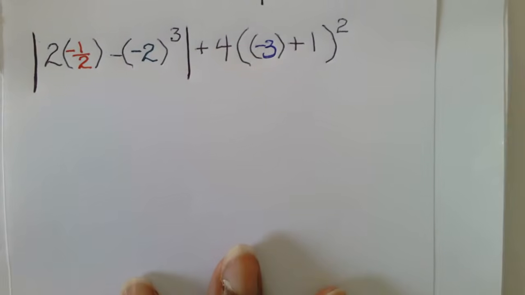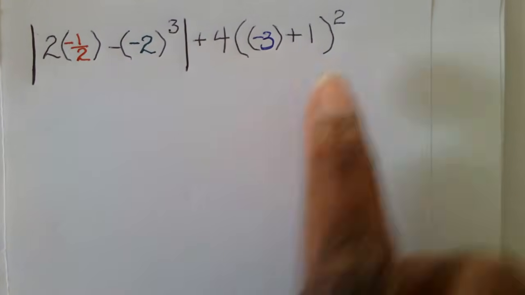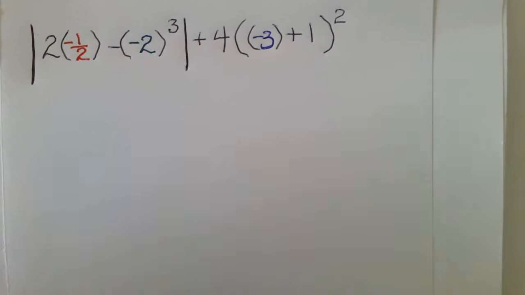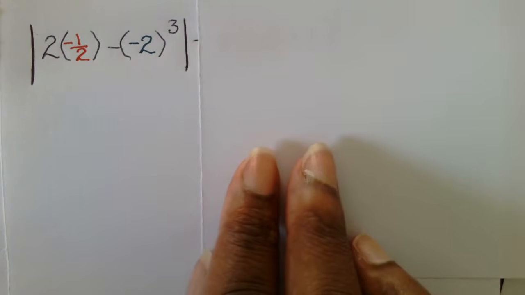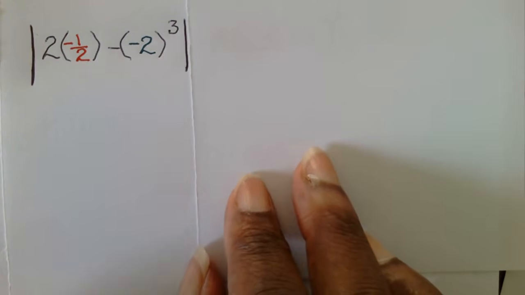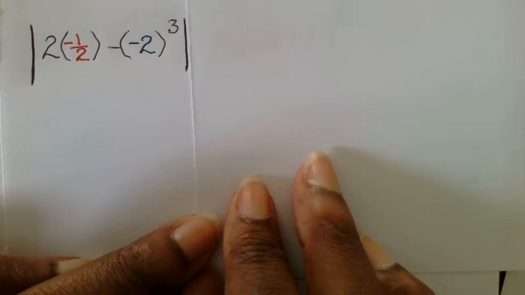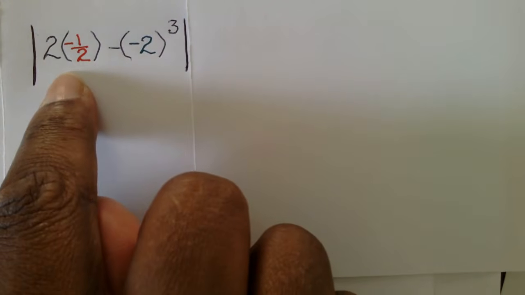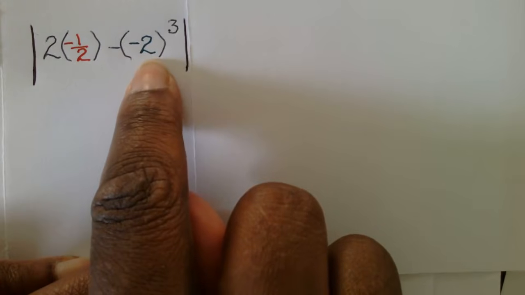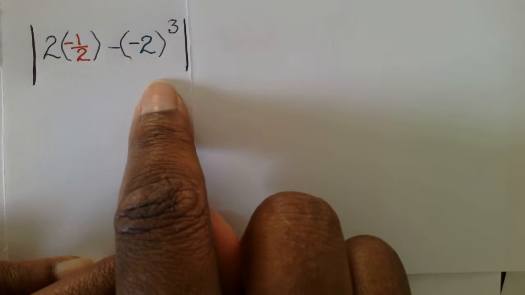We're going to focus on this part. Take it one step at a time. We're always trying to look at the whole entire problem, and you wonder why things get crazy. Let's focus on the absolute value first. So, inside the absolute value, we have multiplication and we have a number being cubed.